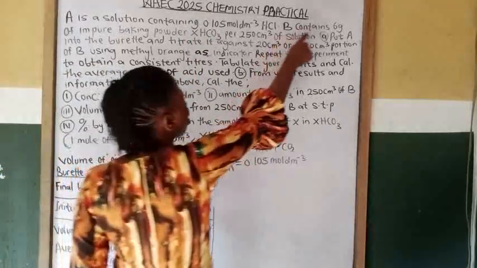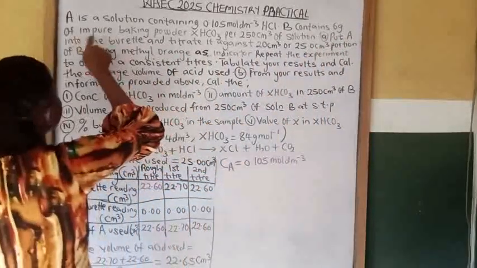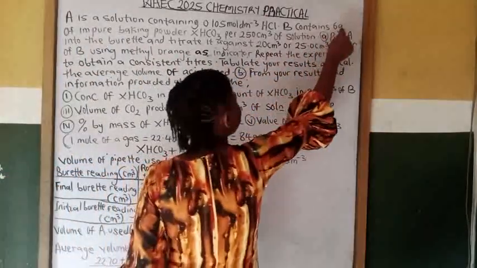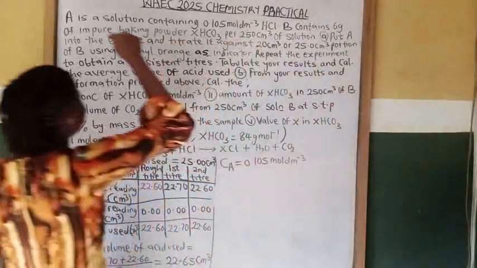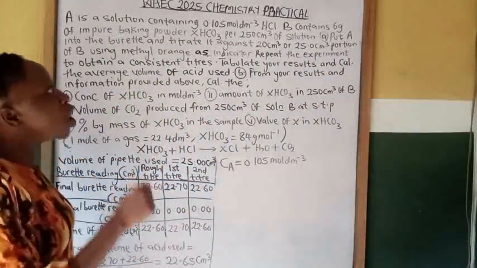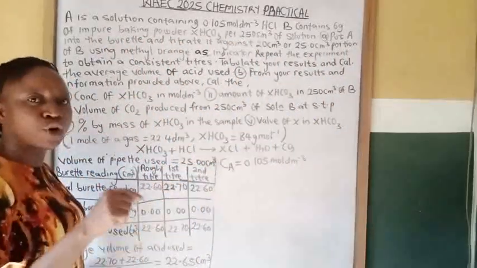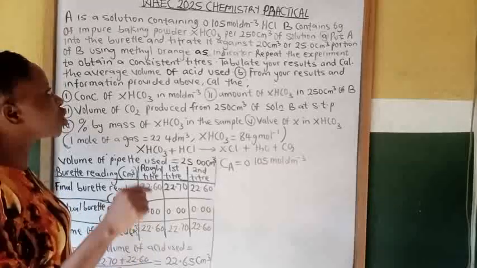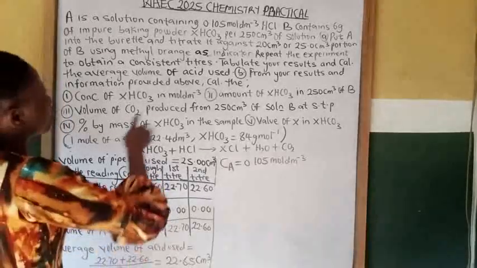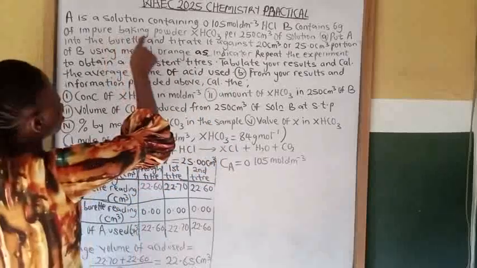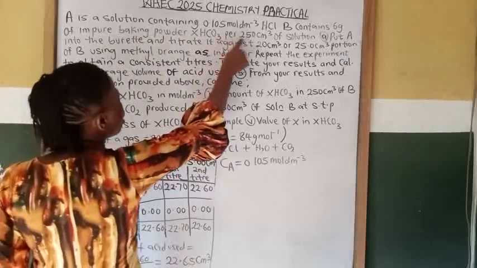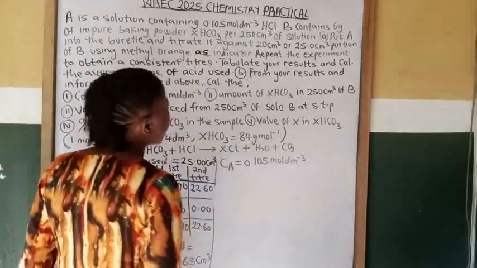So B contains 6 grams of impure baking powder per 250 centimeter cube. This 6 grams is the mass concentration of that impure substance that we don't know.